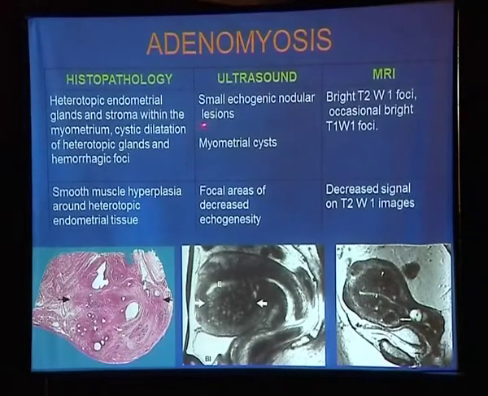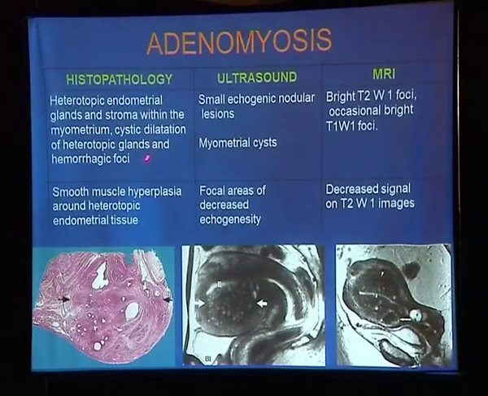So in ultrasound, you see these glands as echogenic, ill-defined nodular lesions, and there can also be small cystic lesions in the subendometrial layer. On MRI, on T2 weighted images we see a bright fluid containing foci, and if they contain blood within them, we see them bright on T1 weighted images.